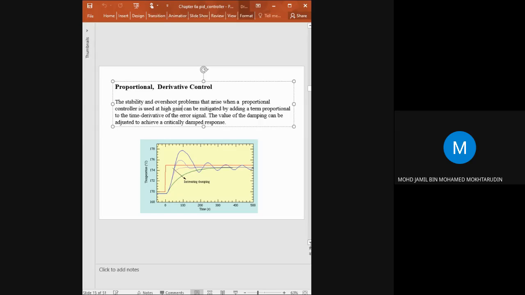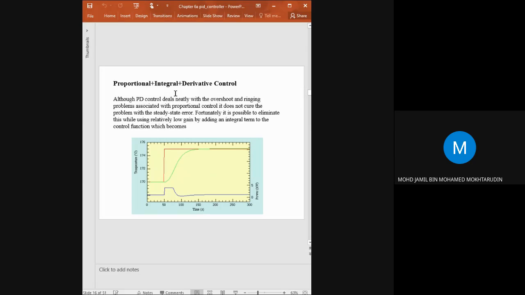Okay, and then you can also combine proportional, derivative, and also integral controller in a single controller. So although PD control deals neatly with the overshoot and ringing problems associated with proportional control, however, it does not cure the problem with steady state error. Fortunately, it is possible to eliminate this while using relatively low gain by adding integral term.